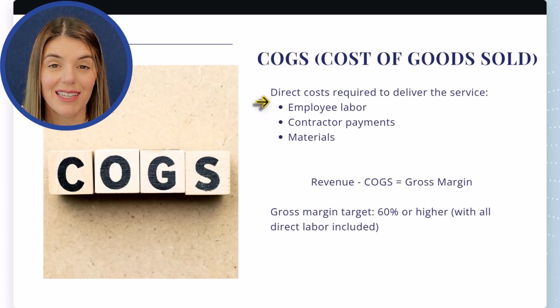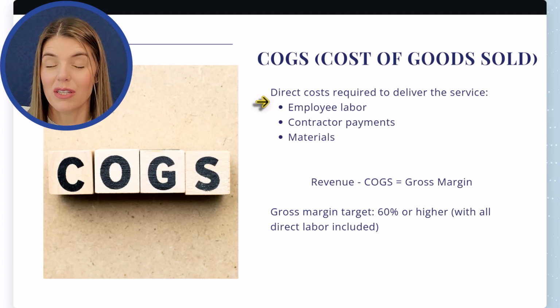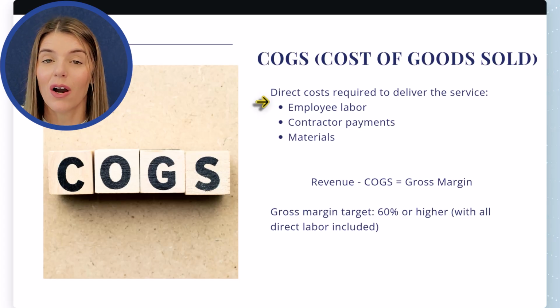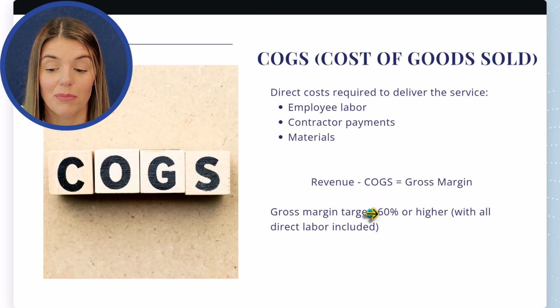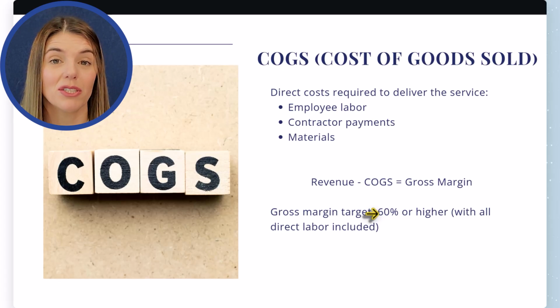But every time I see that 60-40 split going in the direction towards the employee rather than towards the business, I always see margin problems. So at a minimum, you need to be looking at 50-50, but really try to target closer to that 60% and you'll be in a much healthier position.